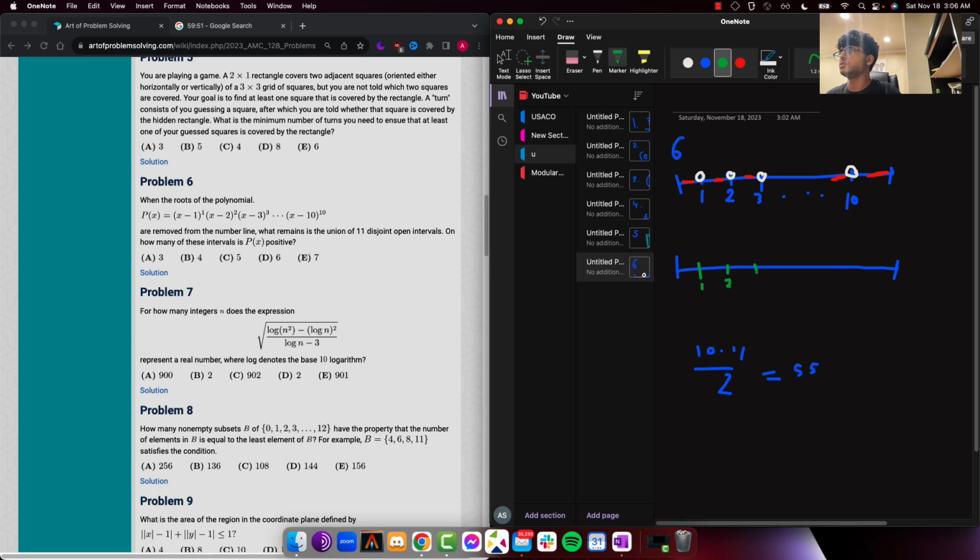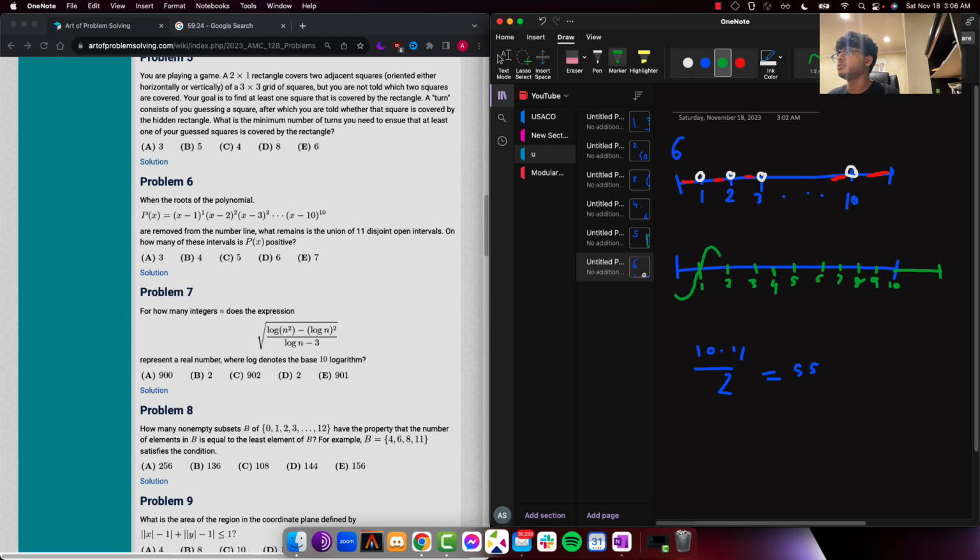1, 2, 3, 4, 5, 6, 7, 8, 9. I'm just going to call this 10. And then imagine it kind of continued here, right? So you start below and then you pass through, right?